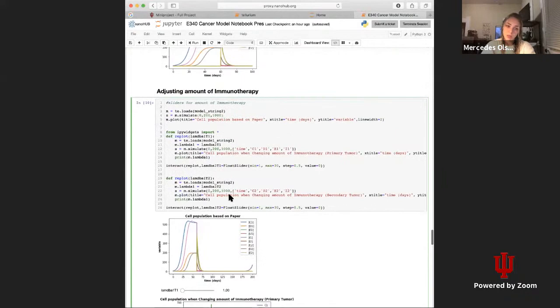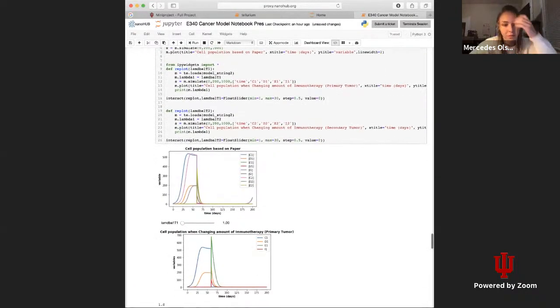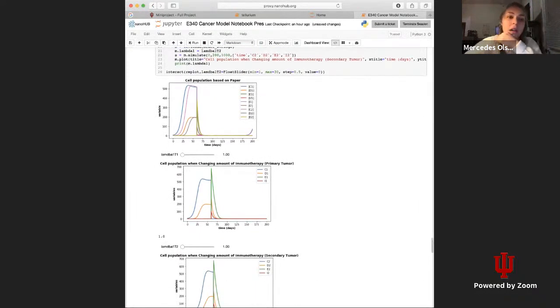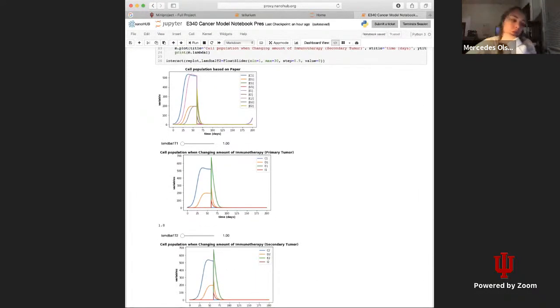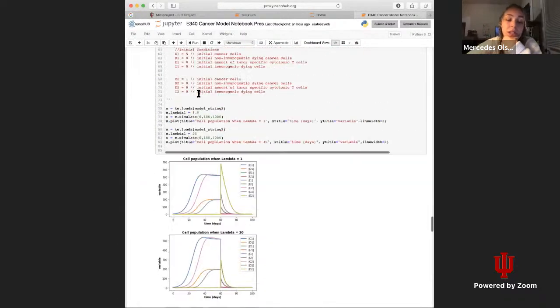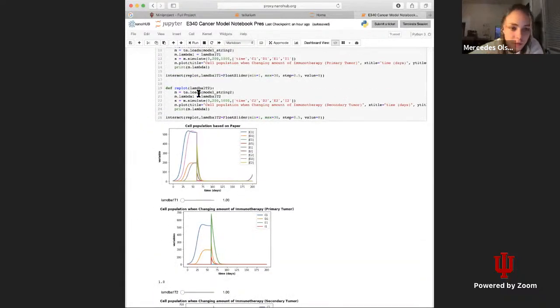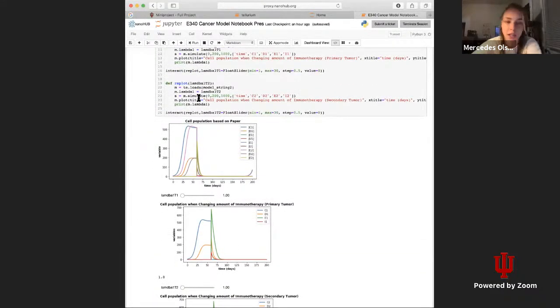When you adjust the immunotherapy, the amount of lambda, here you can mess with the amount that you want to do, so the time it takes. So I left the normal one up, and you can see when you have the lambda, which was set at, let's just go back up so I don't tell you the wrong number, set at 20, and it's 1/days, so that's the unit for lambda.